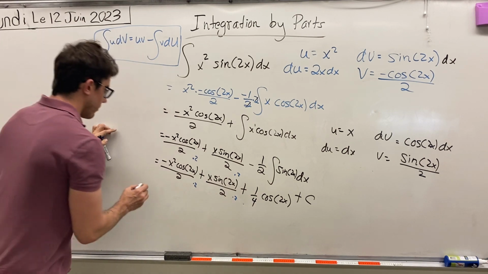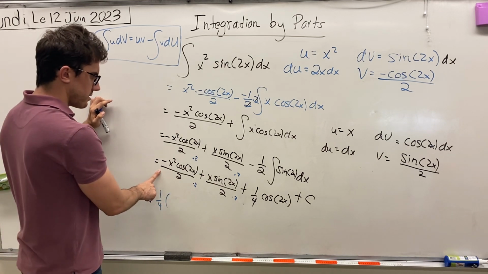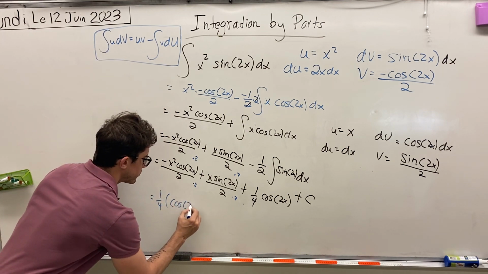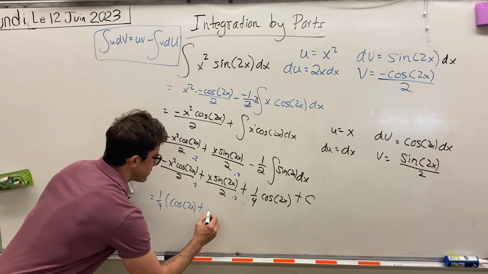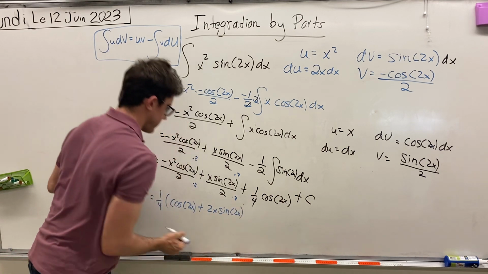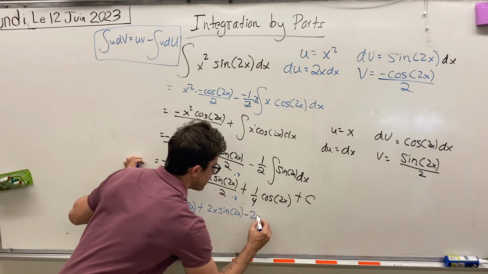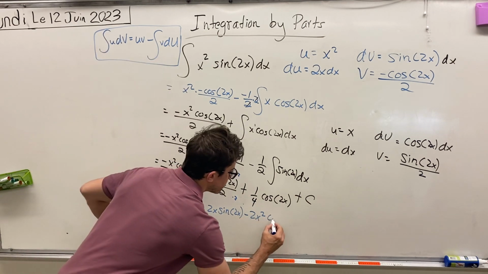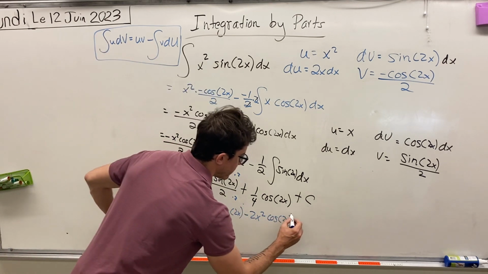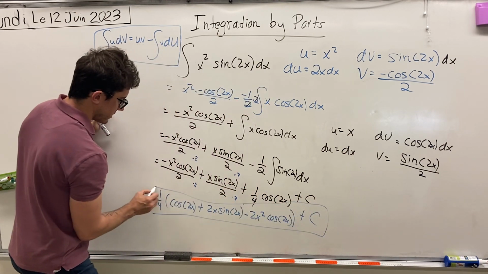And so we could write all of this as 1/4 times, this is a negative term, so let's write it as, let's say, cos of 2x plus 2x sine of 2x, and then minus 2x squared cos of 2x, and then 1/4 is multiplying all of this, so let's finish off the big brackets, and then always our constant c at the end.